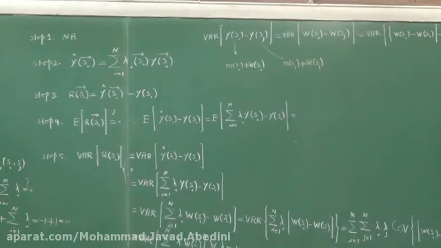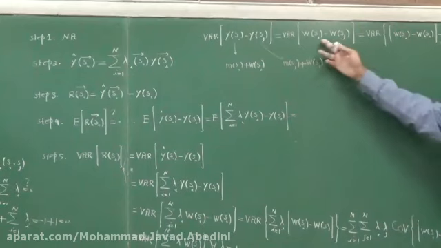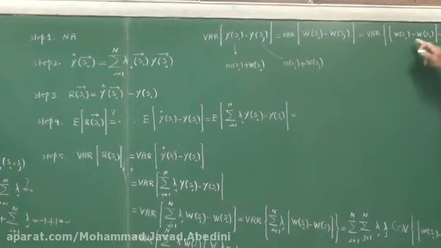If you look at what I did, this argument is the same as this argument, because this W at S0 will cancel out with this positive W at S0.